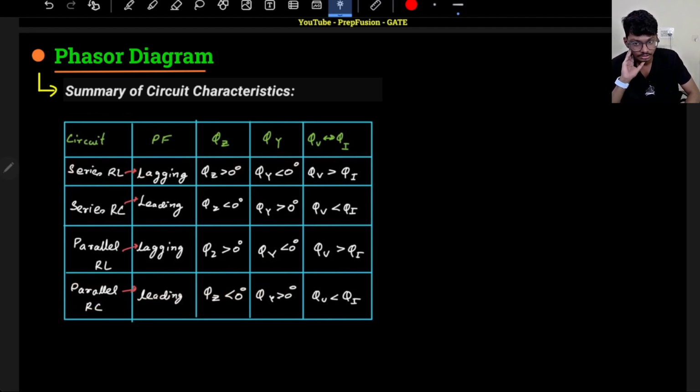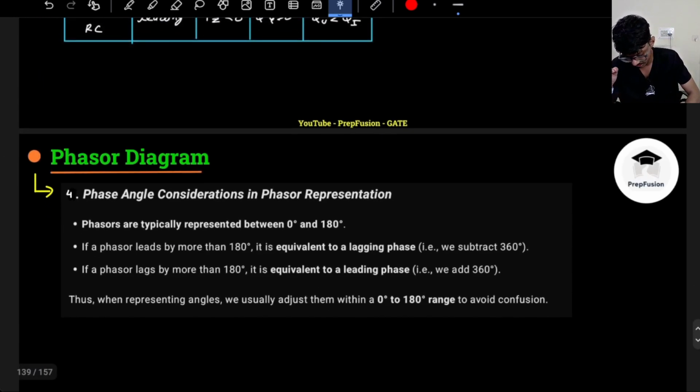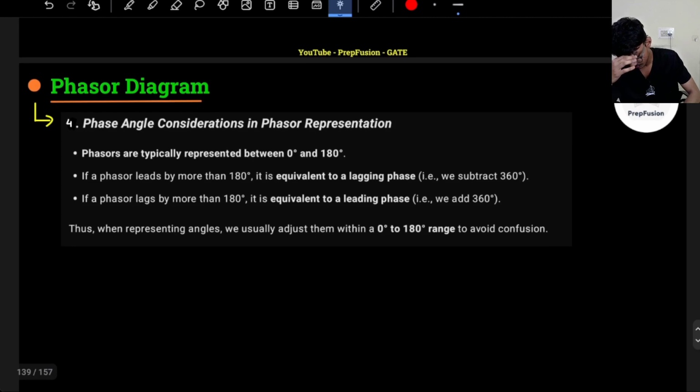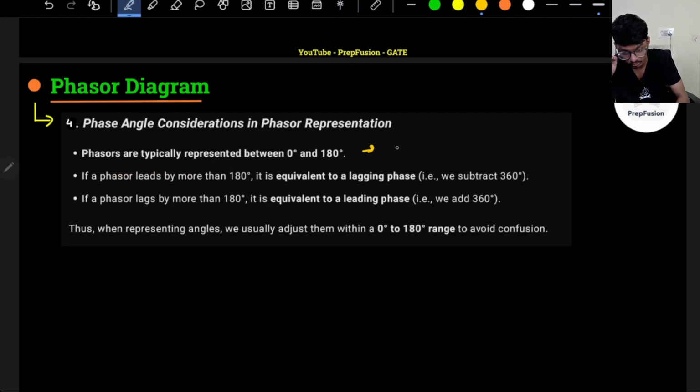Okay, so a few considerations that I wanted to explain. Phasor angles are typically defined between 0 and 180, which is a general trend. The angle can be more than 180 as well, but then we can choose a negative angle also.